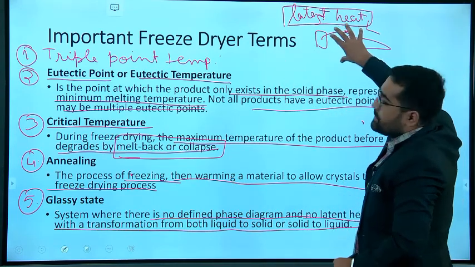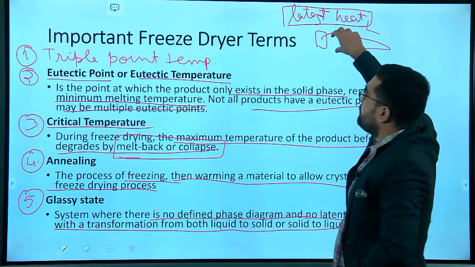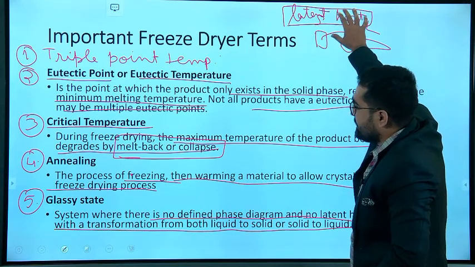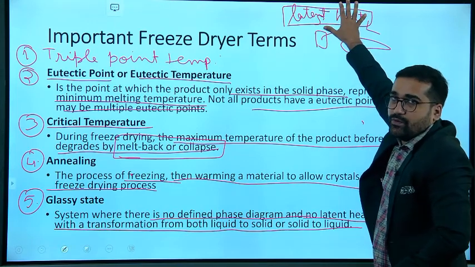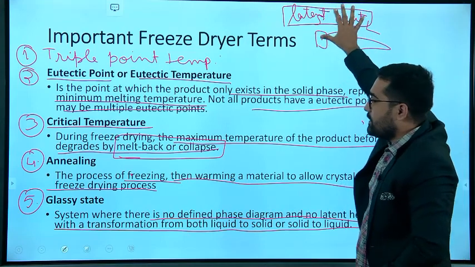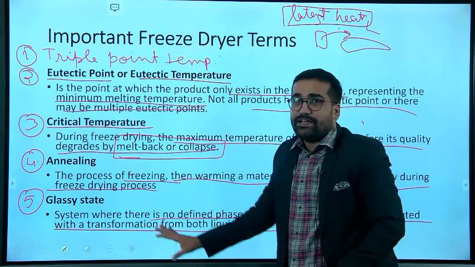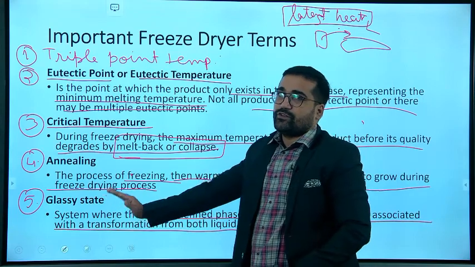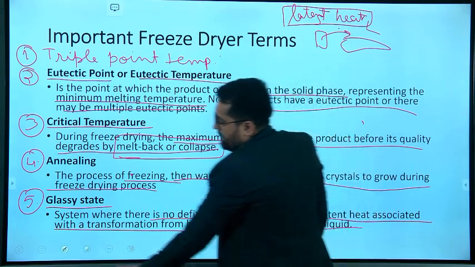Since there is no temperature increase or decrease here, but still the product is transferring energy, that energy we define as latent heat. When this latent heat is not in the picture, we can't sense it, and we can't define whether the product is completely solid or completely liquid. That state of the product we know as the glassy state.